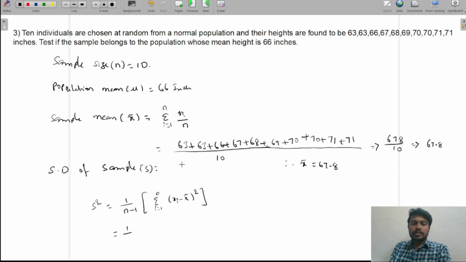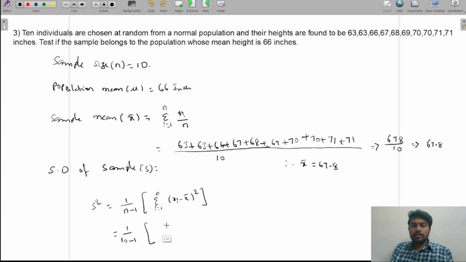How many observations are given here? 10, so 1 by 10 minus 1 into the summation of xi minus x bar whole square. What is the first observation? 63, so 63 minus x bar. What is x bar? 67.8.